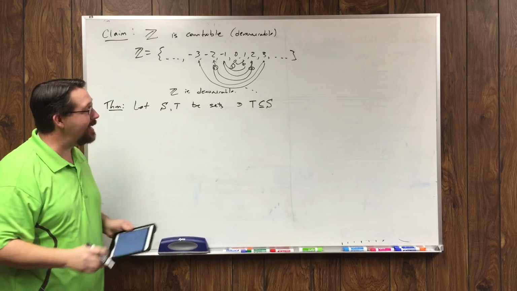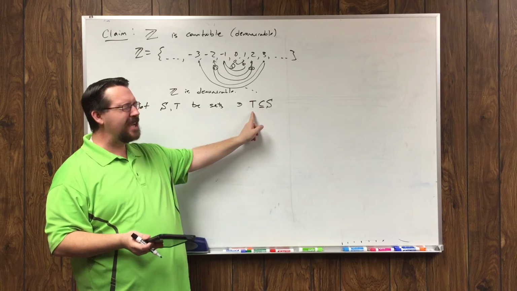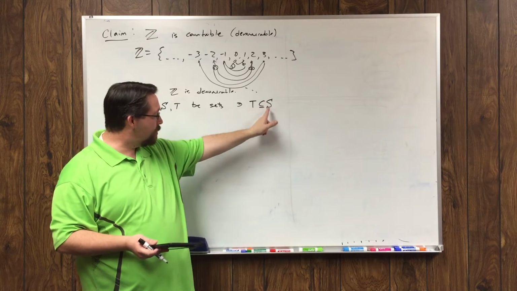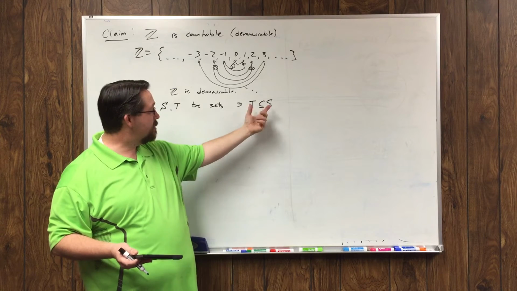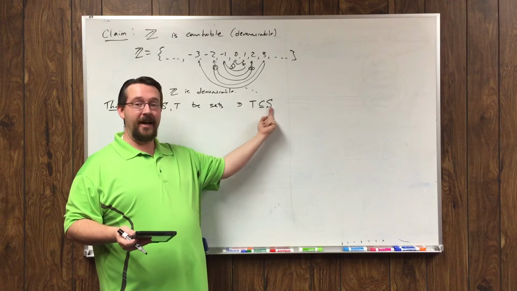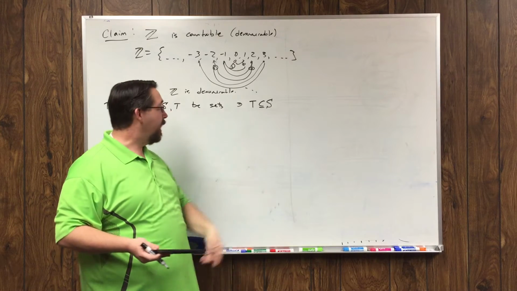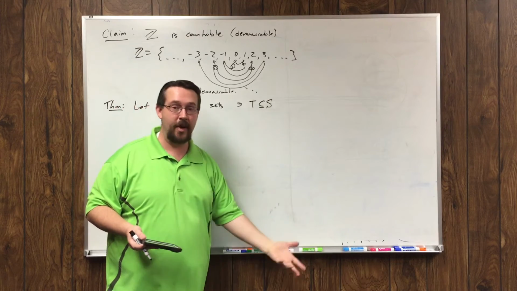And just like I said at the end of class last time, if T was infinite, this implied that S had to be infinite. And if S was finite, this implied that T had to be finite as well. Just depending on if the larger set's finite, then any subset of a finite set is finite. And also, if an infinite set is a subset of another set, that set also has to be infinite.